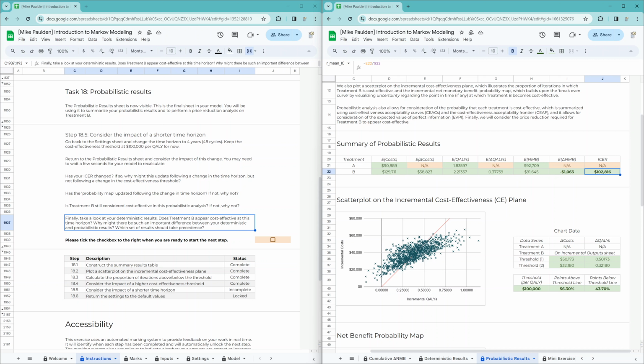And the reason that you would get a difference in the ICER between the probabilistic and the deterministic is because there are nonlinearities in the model. So we would not expect to get the same ICER. And so which set of results should take precedence? Well, it is the probabilistic results that should take precedence. Okay, so please tick the checkbox to the right when you're ready to start the next step.